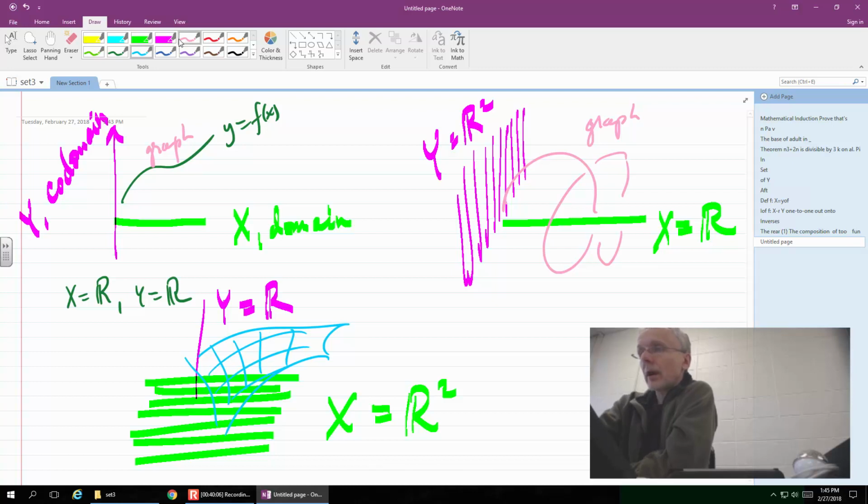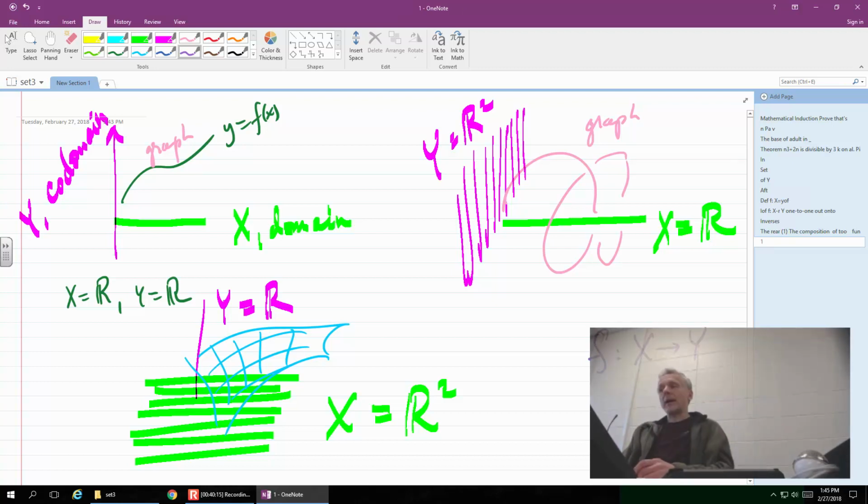Okay, so we're talking about functions from X to Y, and I just picked three different examples of X and Y, which you saw in calculus. So calculus 1, and then the other two in calculus 3. Okay, so input is a real number, and output is a real number, or input is a real number, and output is a vector.